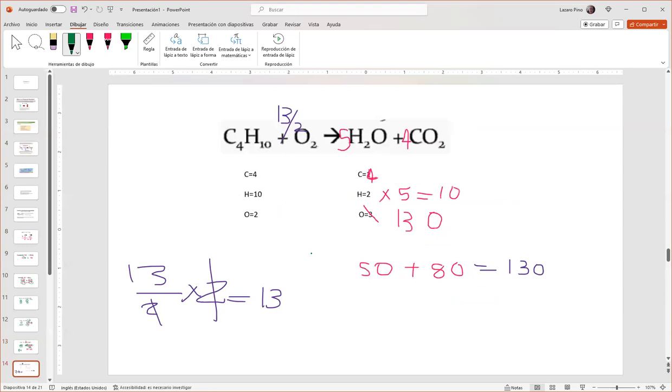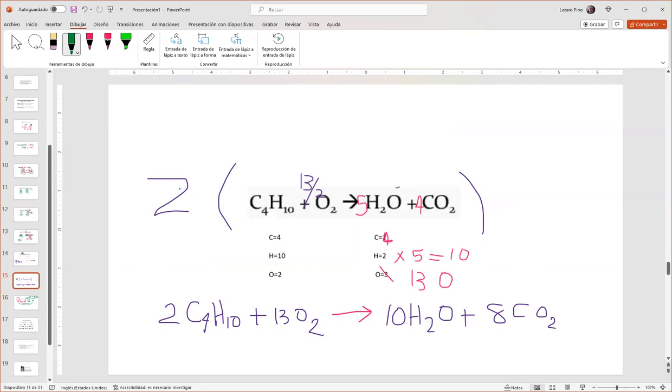Let's see. You multiply by 13/2, and now you have 13 oxygen. But you are not going to leave this number here in this way. In order to avoid that, you multiply everything by 2 so that you can cancel the 2 in this number.